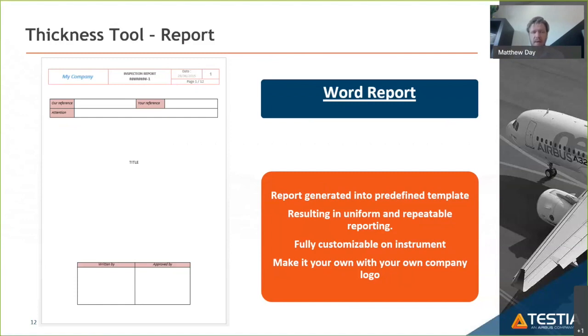So in here we have my company. This can be preloaded with your own company's logo. An inspection report is identified. Date is preloaded, and also page numbers. Our reference, your reference, and for the attention of, written by and approved by, are all free text boxes for the operator to use.